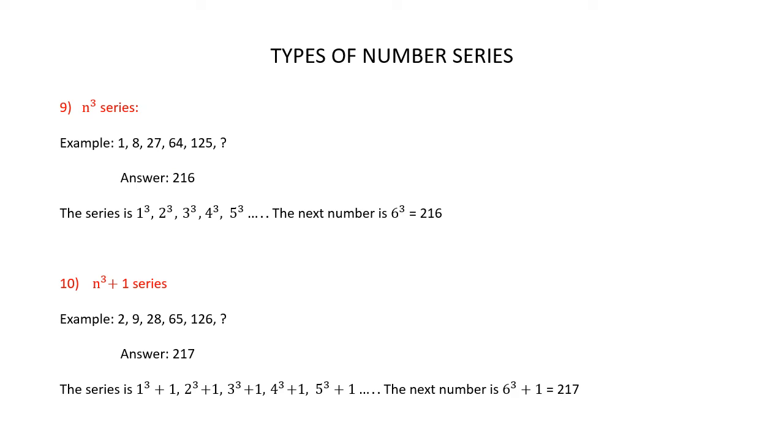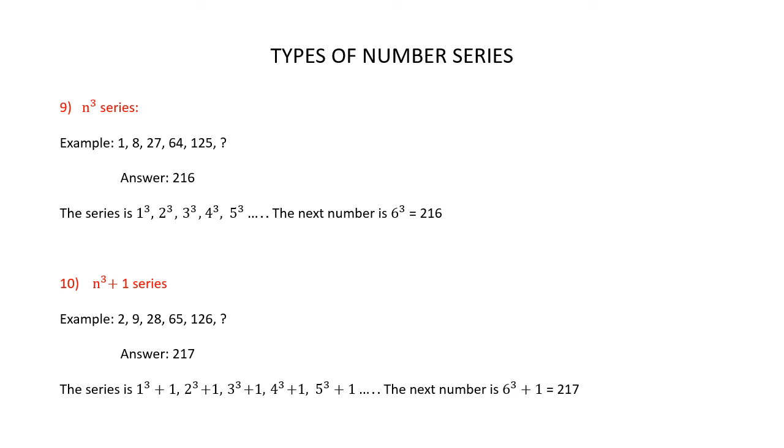The series is 1 cubed, which is 1, 2 cubed, which is 8, 3 cubed, which is 27, 4 cubed, which is 64, 5 cubed, which is 125. So the next number will be 6 cubed, which is 216. So the answer is 216, and this series is an n cubed series.